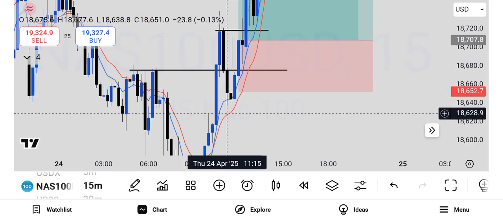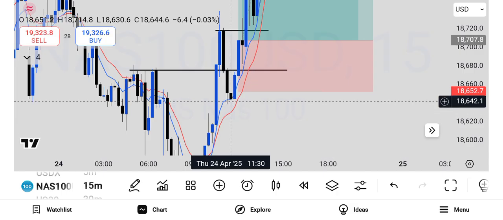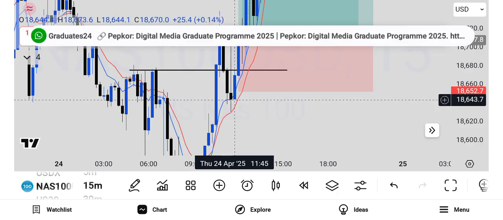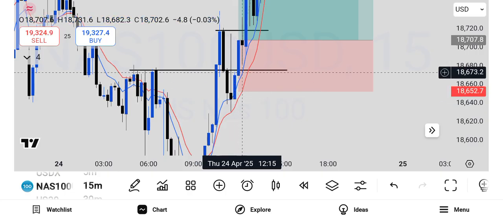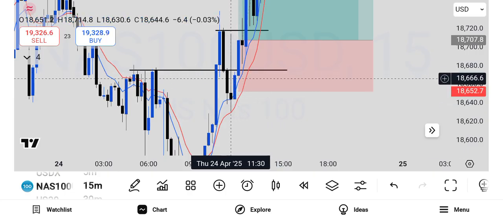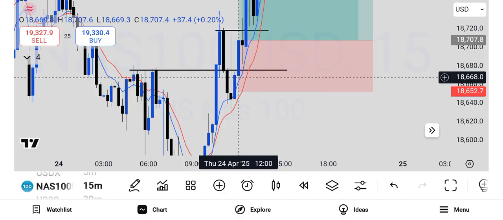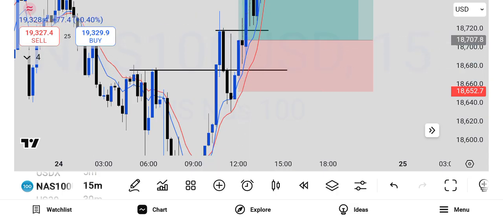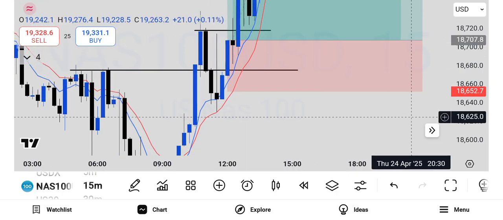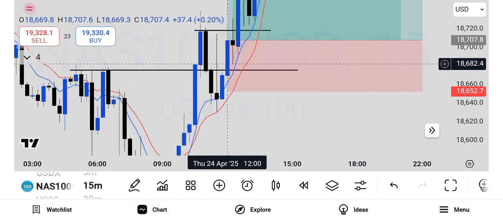So I just waited for price to see more structure until price actually created this bullish candlestick, and then I waited a little bit more to be sure, right? And then price created this Marubozu candlestick.